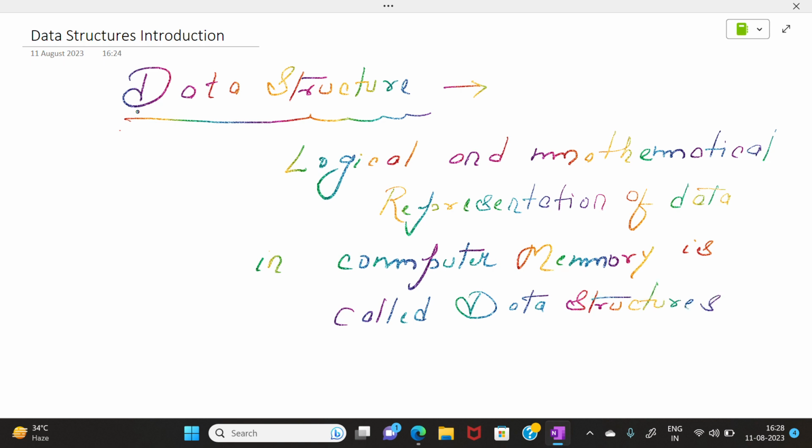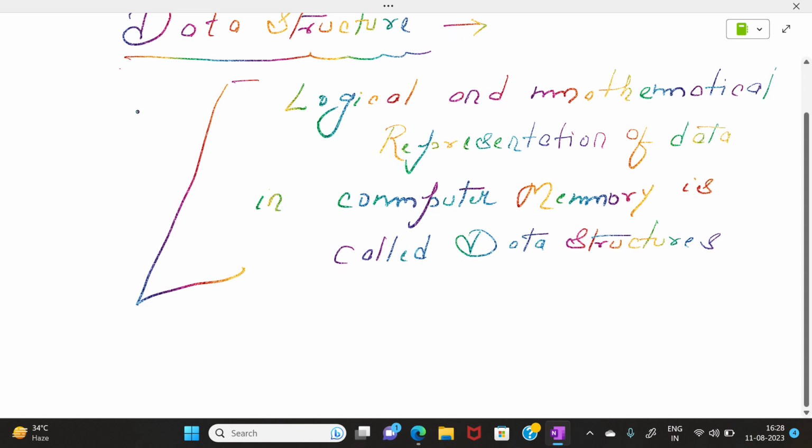Okay, so data, we all know data is any piece of information. So the logical and mathematical representation of data in the computer memory is called the data structure.